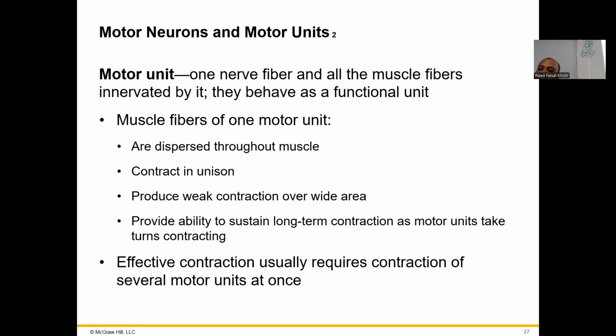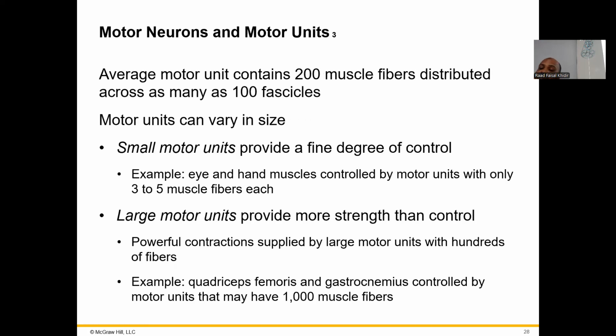Effective contraction usually requires the contraction of several motor units at once. The average motor unit contains 200 muscle fibers distributed across as many as 100 fascicles. Motor units can vary in size. A small motor unit provides a fine degree of control.